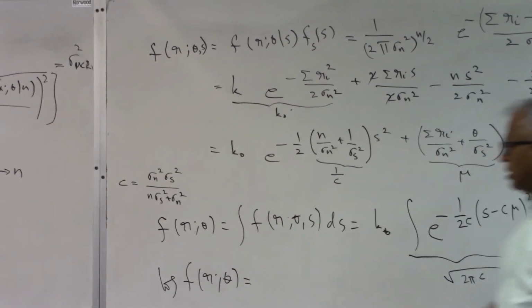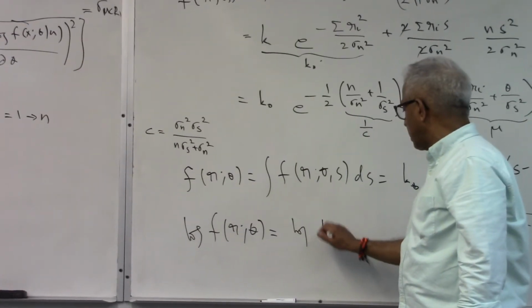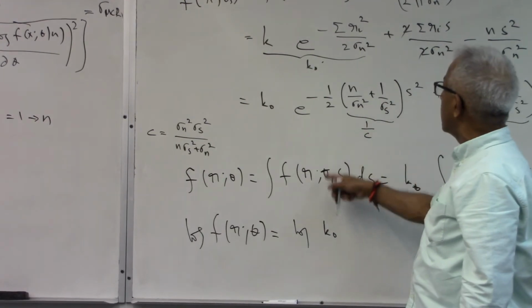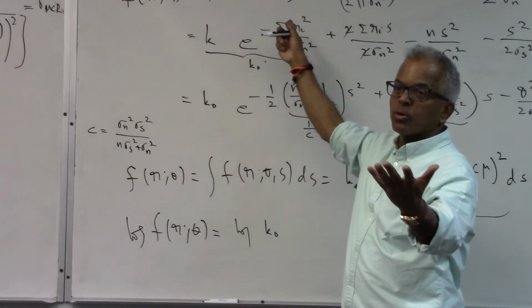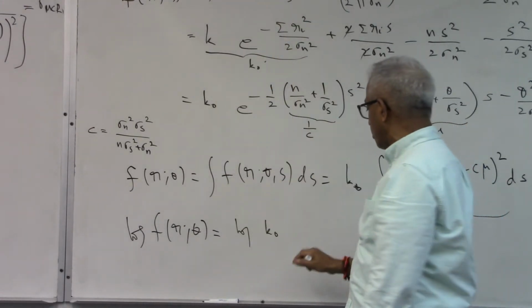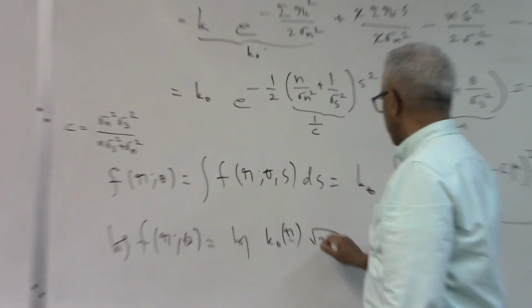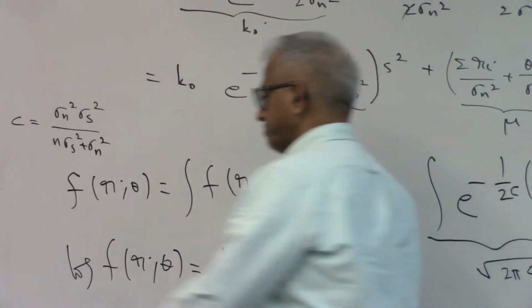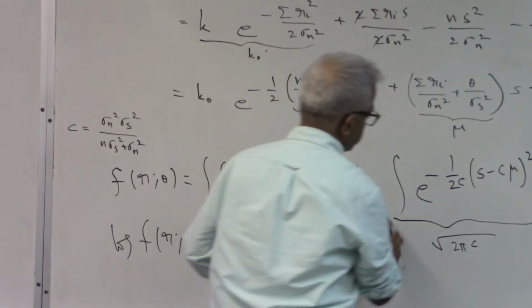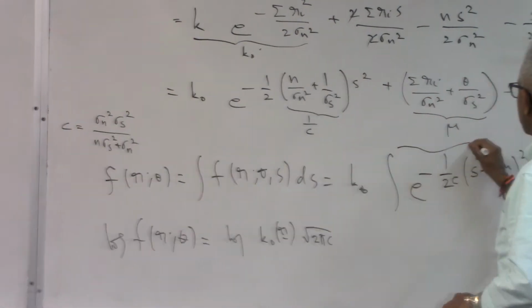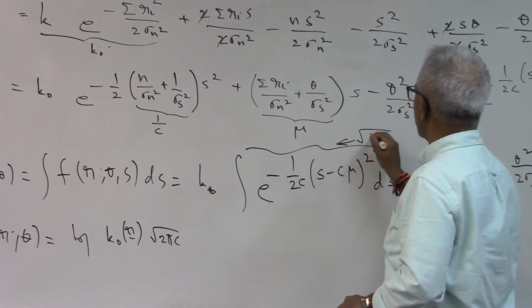So that's going to be log of k naught. K naught has got this r, but it doesn't matter. I'm going to take the derivative with respect to theta, it will go away. So k naught is a function of r, but then you have square root of 2 pi c.